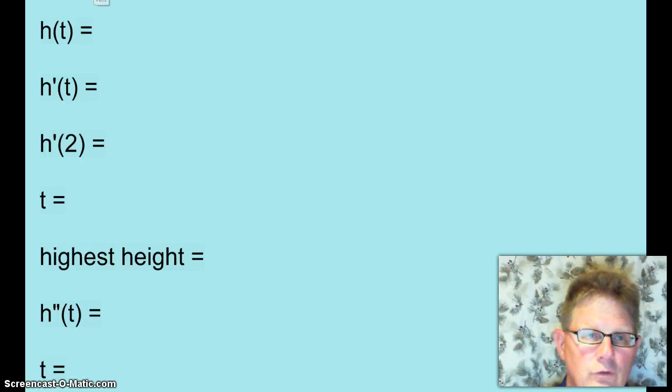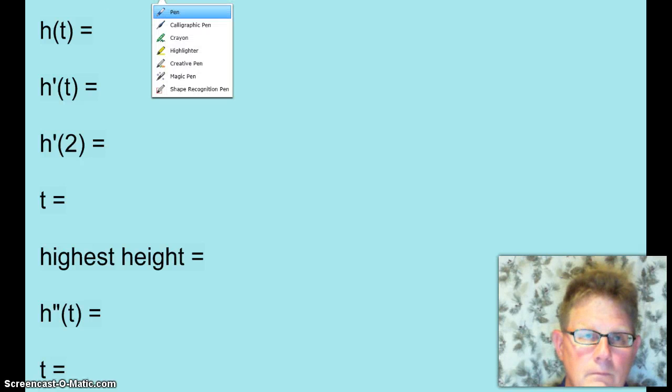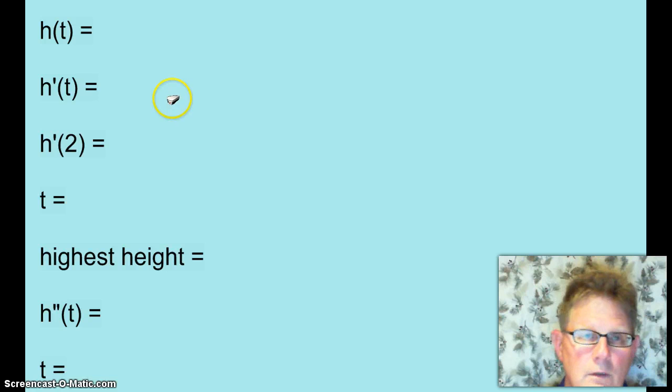Using the gravitational force and everything, we should be able to come up with the following position function. Negative 16 t squared plus, okay, what was the original velocity of the ball? It tells you 24, so it's plus 24t, plus the original height. You're starting at 160 feet above the ground.